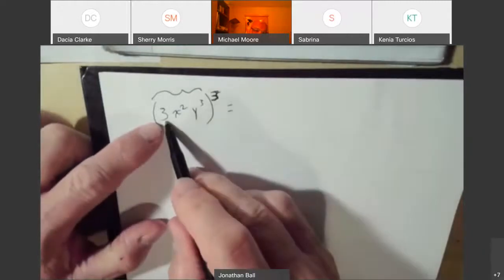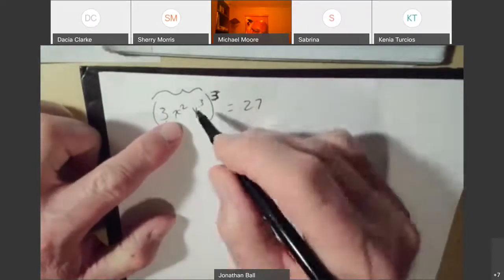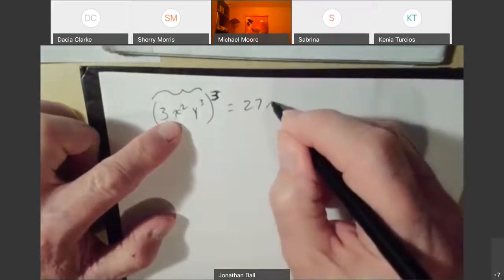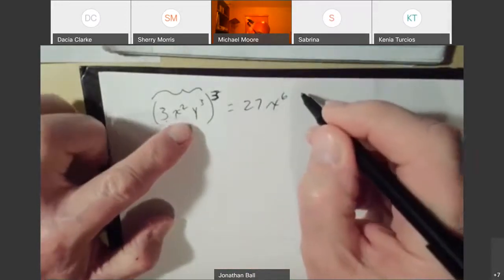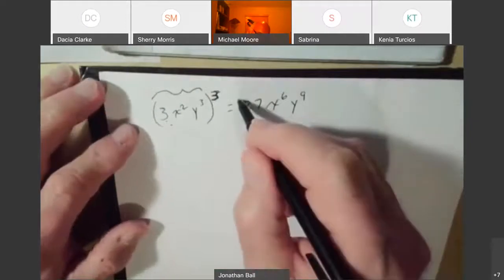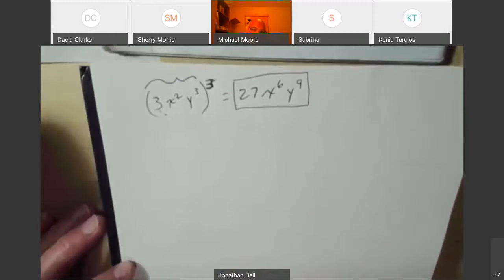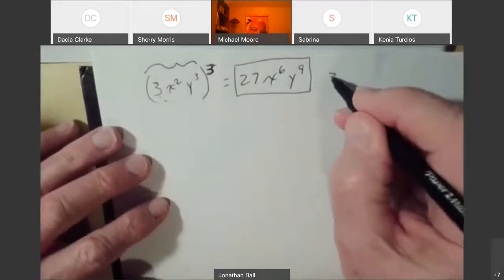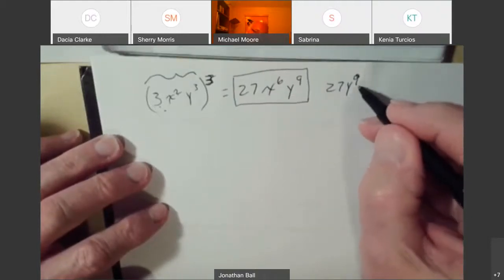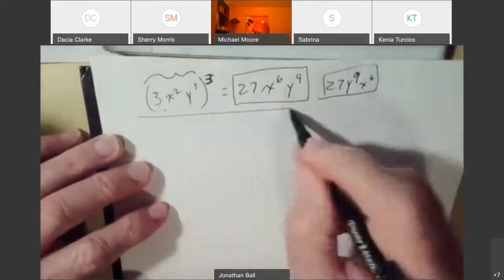So first of all, 3 cubed is 27, I think. x squared cubed, we have a power raised to a power, so it's going to be x to the 6th and y to the 9th. Power raised to a power, multiply the exponents. And actually that should be 27 y to the 9th, x to the 6th, largest exponent first. But again, I'm not going to be real critical about this.